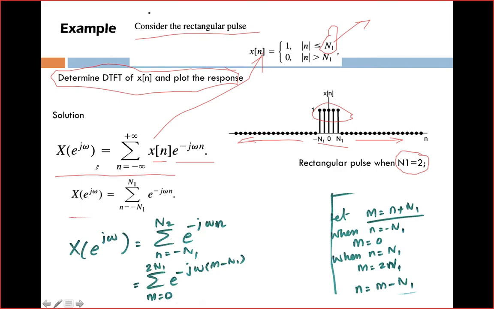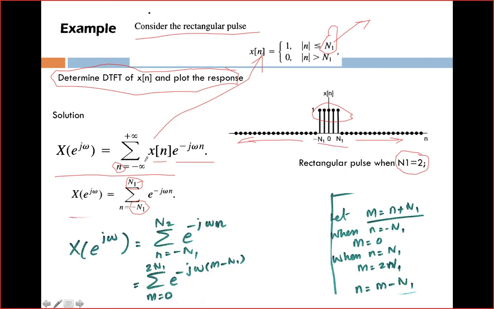I am going to change the range of small n from minus infinity to plus infinity to minus n1 to plus n1, because the signal is defined only during this interval, and for the remaining values of n, the value of x of n is equal to 0.